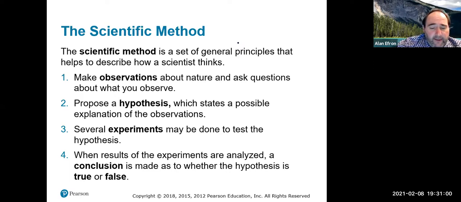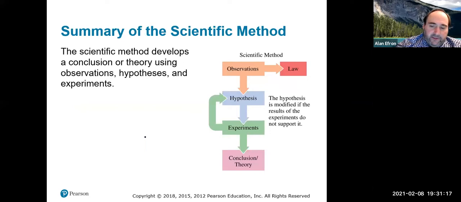At some point, you may end up with a conclusion, and at the very end, you'll end up with one of two things: either a theory or a law. That's usually what happens at the end of a scientific method. Here's a picture version of that. It all starts with an observation leading to some type of hypothesis as to why you saw something occur, something that you could test.